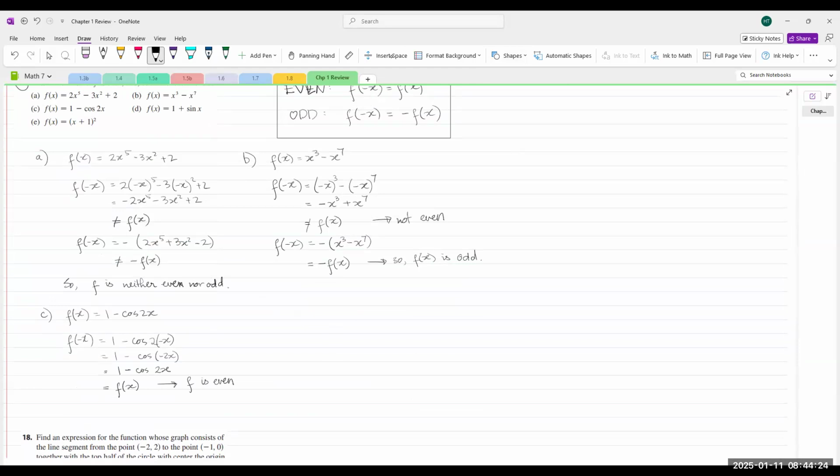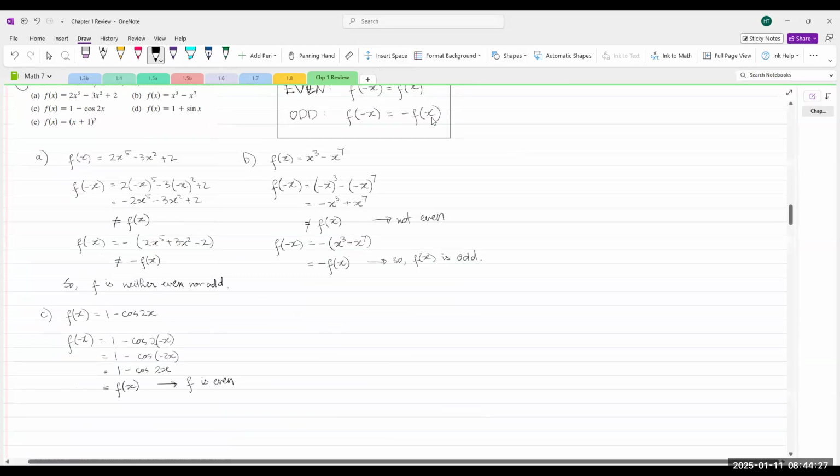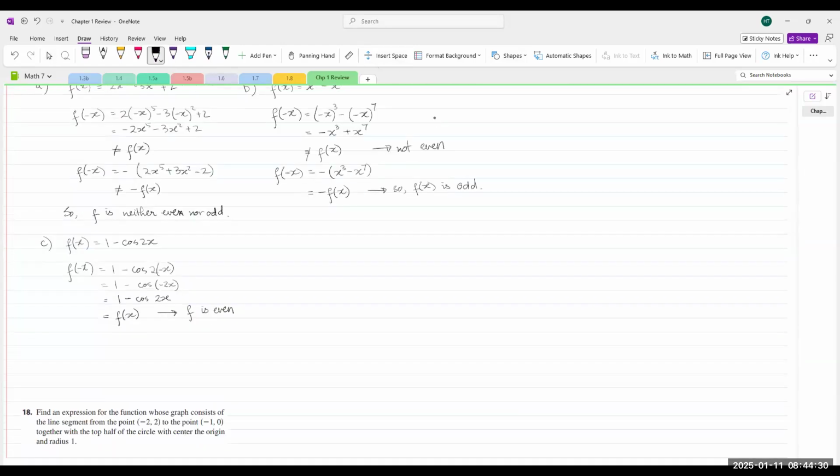We're supposed to also check if the same function is odd though. So if I factor the negative out, I get negative of 1 plus cosine 2x. This is not equal to negative f(x). So this is not odd. But there's only a very, very rare case, only one function that I can think of that is even and odd at the same time.